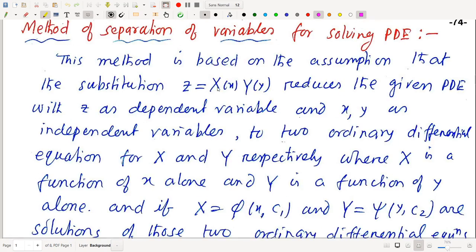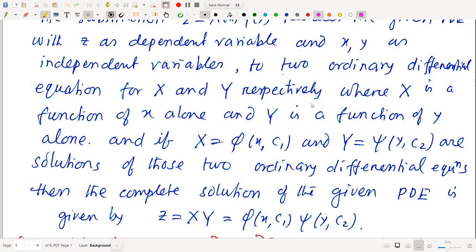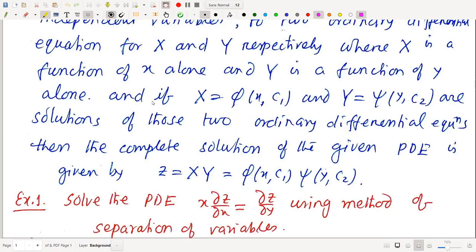After this substitution z = XY, the given PDE will reduce to two ordinary differential equations involving capital X and Y as dependent variables and small x and y as independent variables. If X = φ(x, c1) and Y = ψ(y, c2) are solutions of those two ordinary differential equations, then the complete solution of the given PDE is z = XY, that is φ(x, c1) ψ(y, c2).